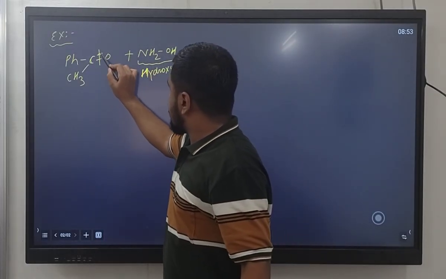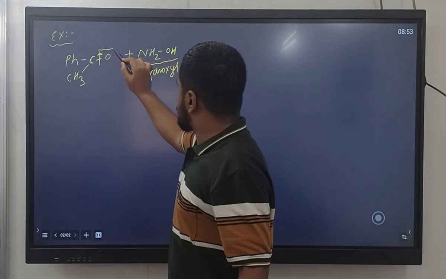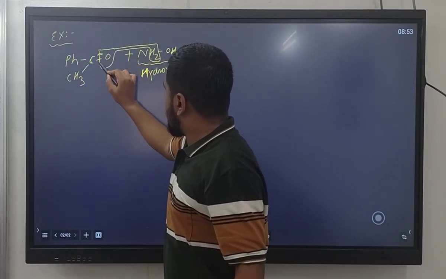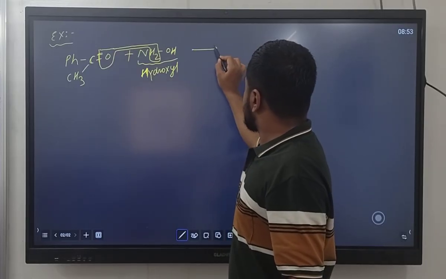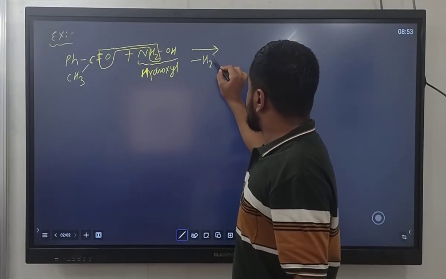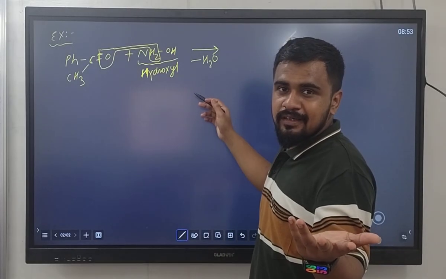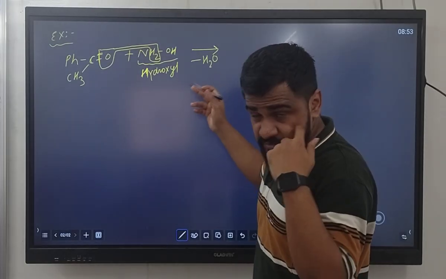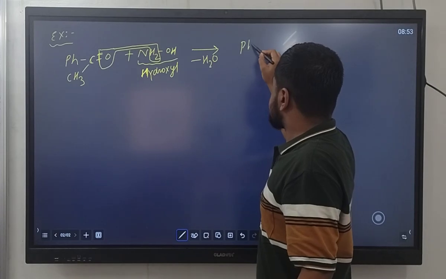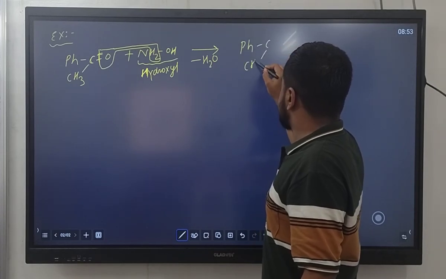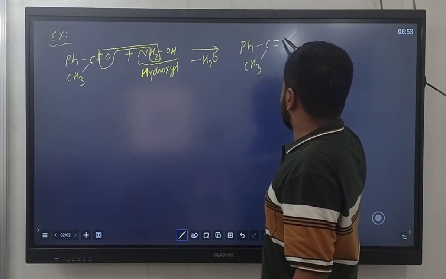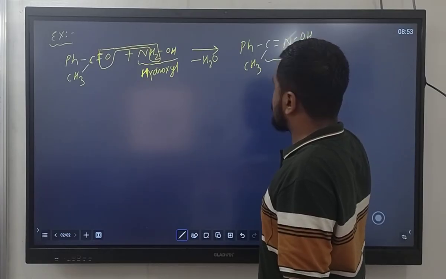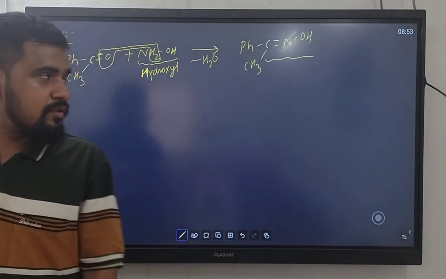Here the carbonyl has oxygen, and NH2 has two H. Just remove H2O and you will get the product. This is a shortcut trick to handle this type of question. PhC CH3 double bond N OH is the product.